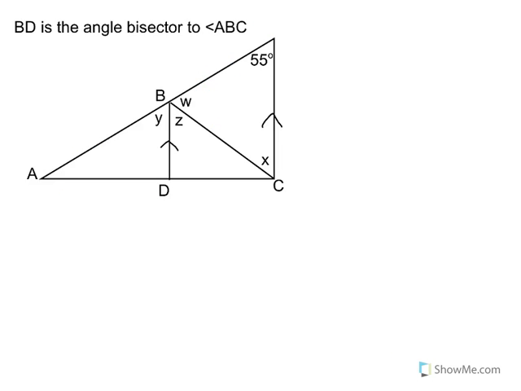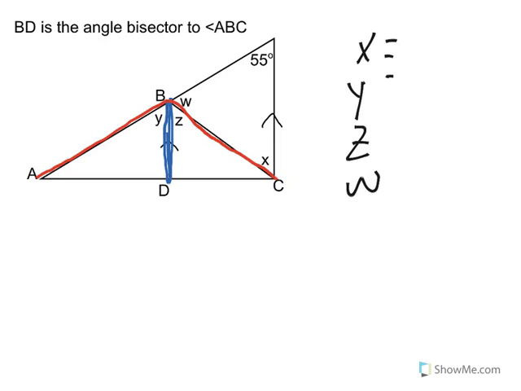Okay, so now this is our third example, and we're told that segment BD is an angle bisector to angle ABC. And we need to find angle X, Y, Z, and W. Alright, so what's important here is to see that we have a set of parallel lines.